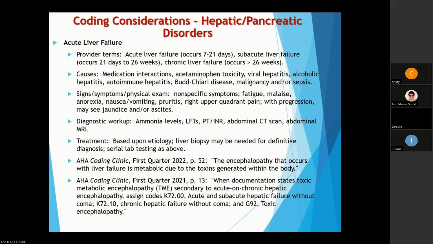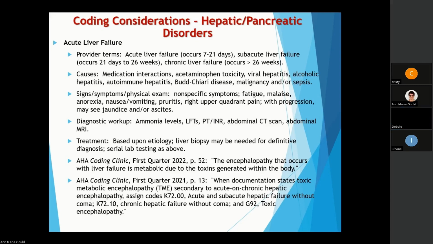I think it's always important to clarify the encephalopathy too, as we all know in the CDI arena. And it can be tricky with liver failure, based on how the providers are documenting it, especially when there's not any true encephalopathy. That's true.